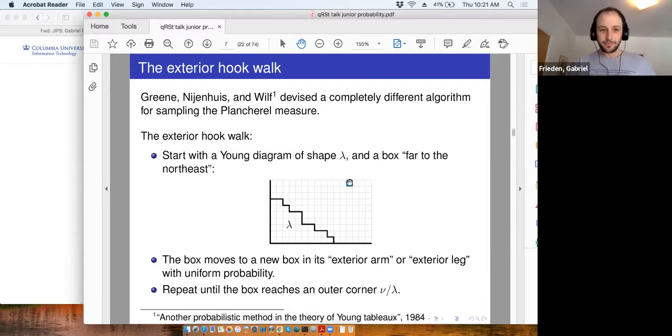But this has a surprising property: as you're doing the random walk, the probabilities don't change until you move somewhere that eliminates one of your options. So once I move past this column and I no longer have access to this box, now my probabilities change. But otherwise, if I just move one square over, nothing happens right away with the probabilities.